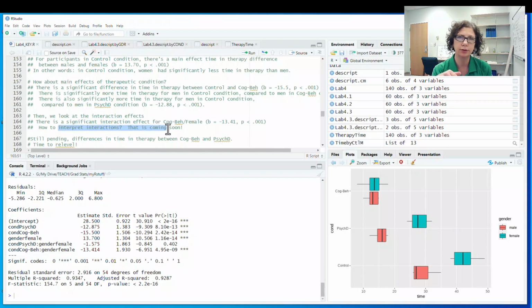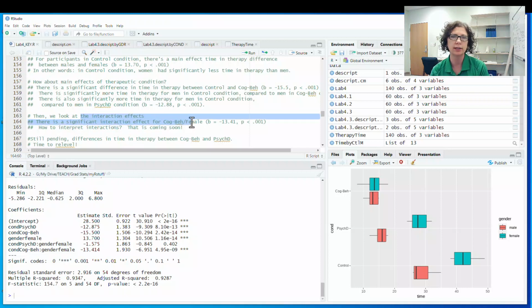We have to delve further into them. So whenever you see a significant interaction, you just indicate there was a significant interaction, and then you would later on in your write-up let the reader know the results of probing or investigating that interaction effect. So we'll come back to interactions because we have one that is significant, at least one.